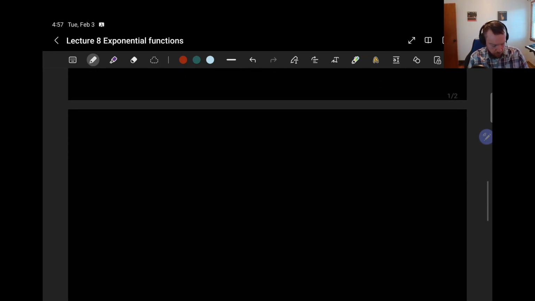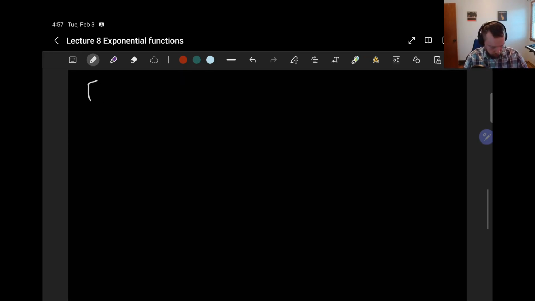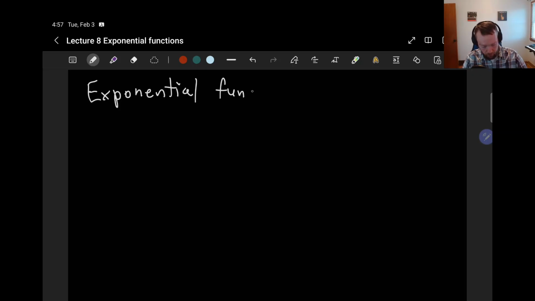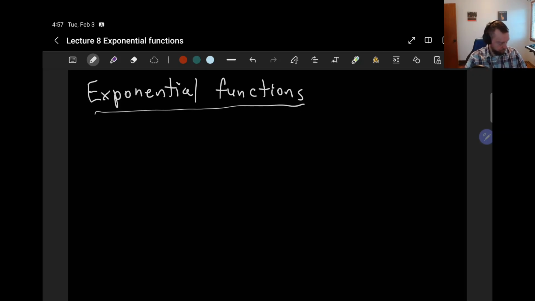How about a new page? Now our main topic for this video is exponential functions. These are functions of this form. So when determining the output, your input is in the exponent, hence an exponential function.